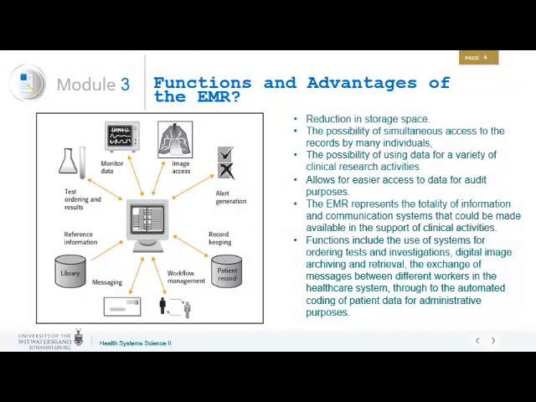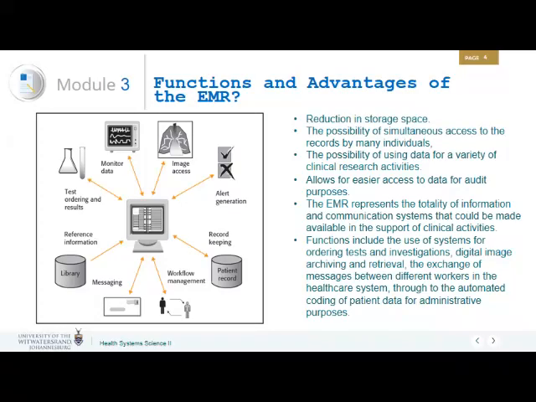Slide 4 focuses on some of the functions as well as the advantages of electronic medical records. You can see from this image that there are many functions within an electronic medical record. For example, we can use a central database to help us manage workflow.